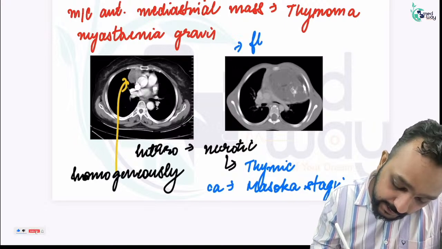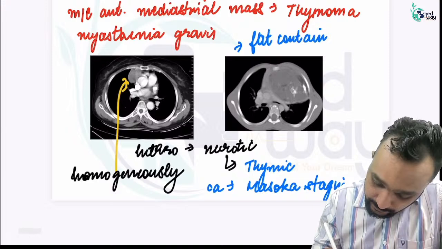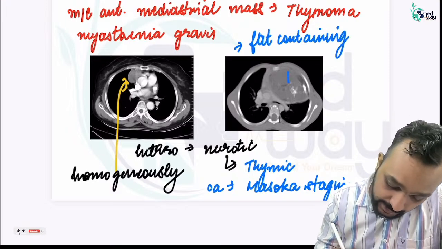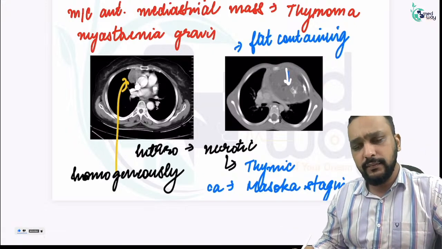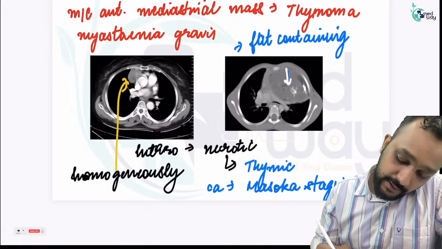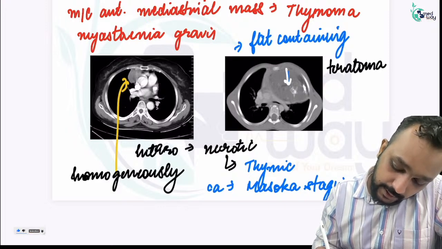Then if I talk about a fat containing lesion in the mediastinum with calcific areas in between, okay, fat containing lesion with calcific areas, this is a case of teratoma.